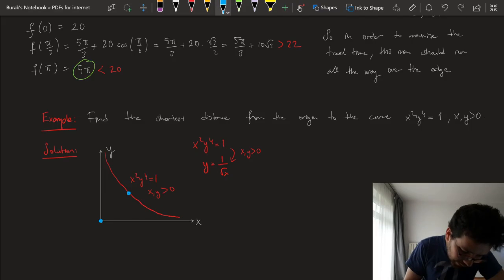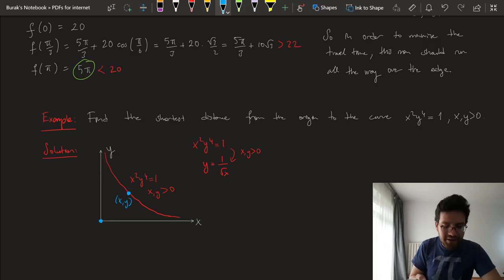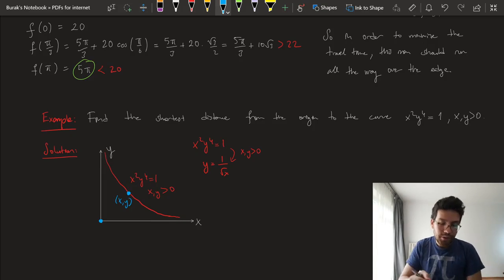So let me pick an arbitrary point on this curve, and let's pretend that its coordinates are x and y.